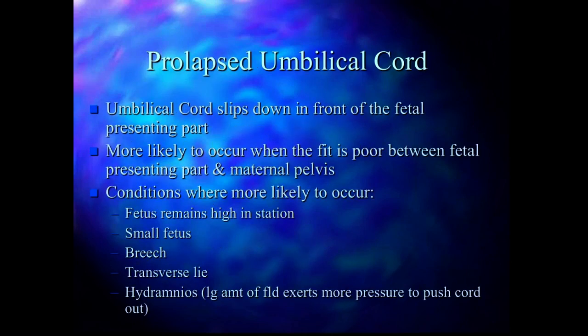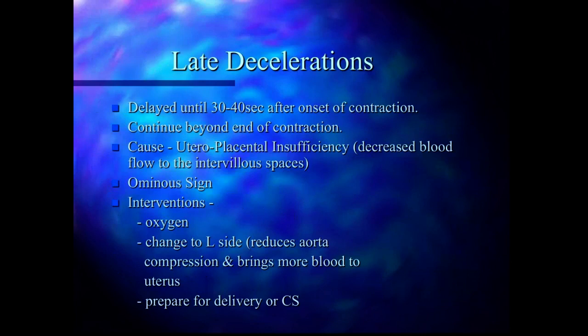Now, these decelerations, I have something posted out on the website that is called Veal Chop, and it has each one of the contractions or the decelerations, what they look like usually, and what the cause is.